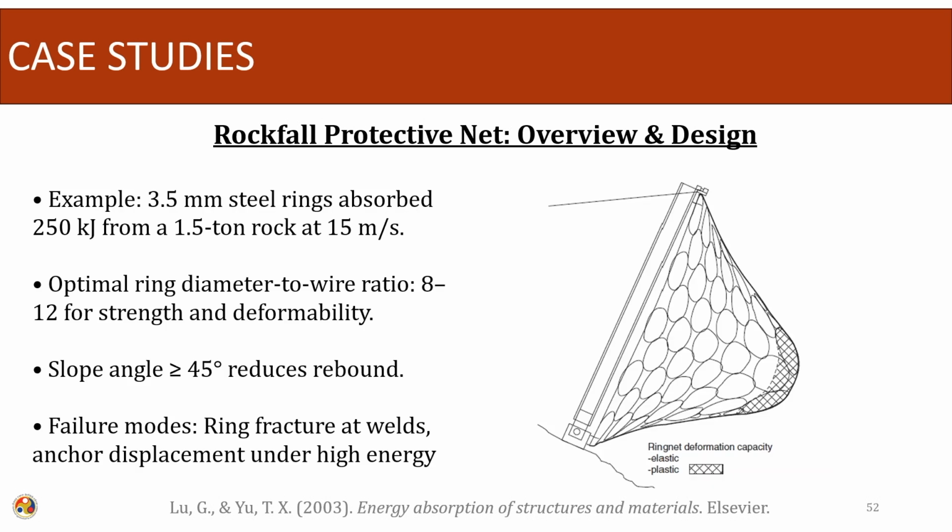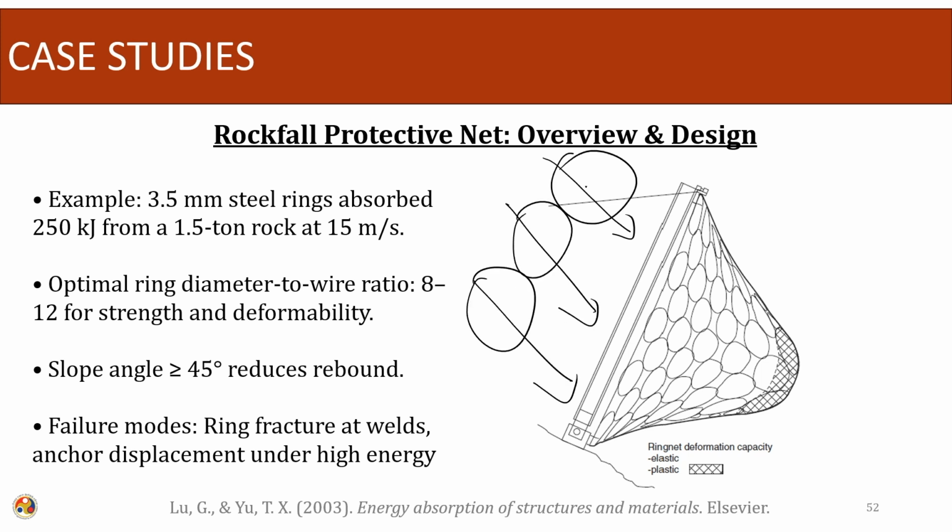So, we are looking into an example of net design. We can take the energy of the falling body and treat it as a rigid mass with velocity. We can assume it falls from a height of, let us say, 50 to 100 meters.